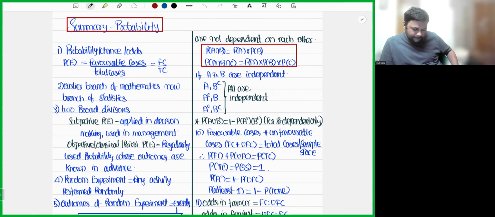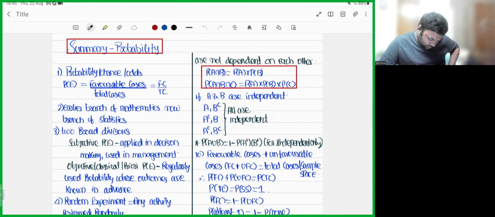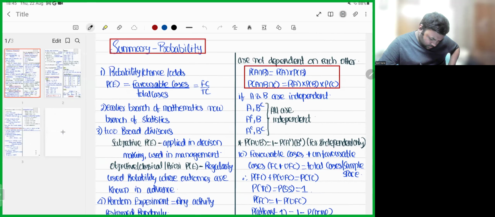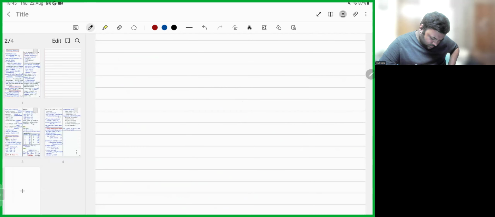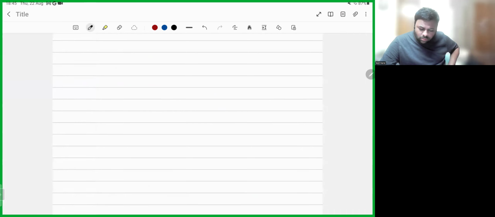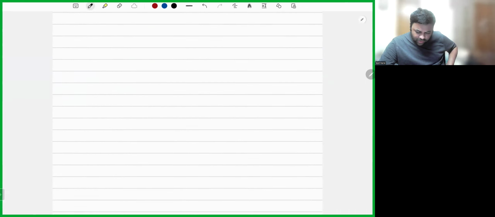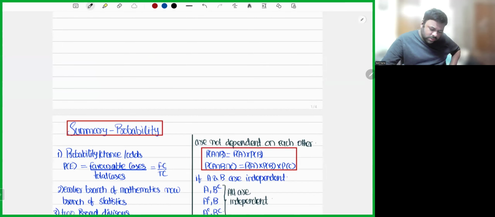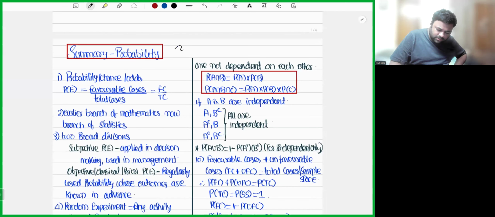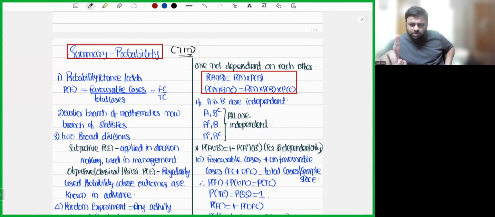Now, probability, it's an important chapter, my dear friends. We can expect around 7 marks weightage from this. As said, central tendency and dispersion, introduction to statistics, probability, index numbers.